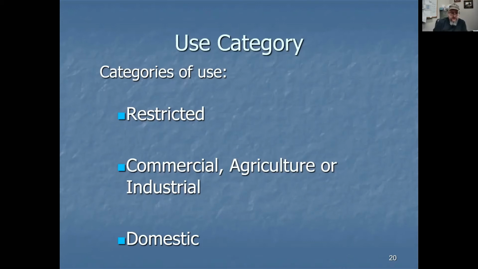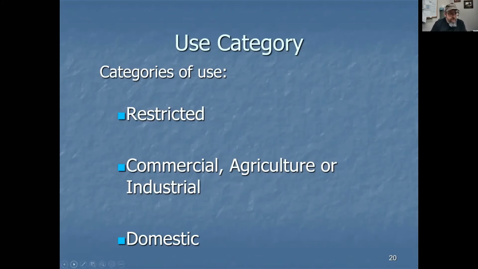Commercial, agricultural, industrial. These are chemicals farmers would be using in agriculture out in the field. Commercial industrial would be, for example, like our roadside work that we do. And then domestic would be the kind of chemicals you could buy at Walmart, Canadian Tire, these kinds of things.